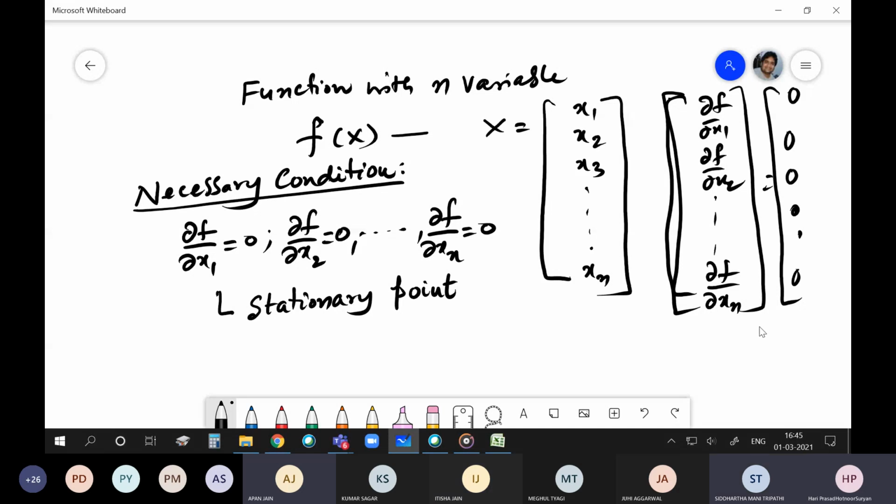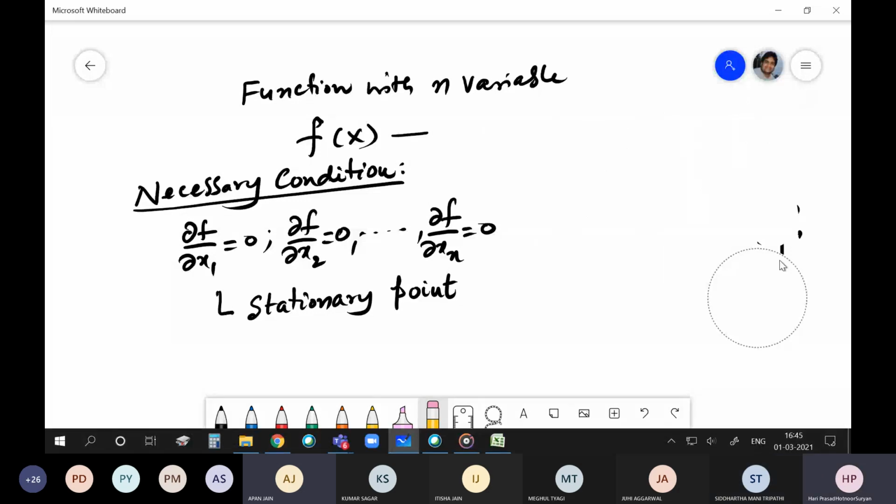There will be n squared second derivatives. What are all those things? Please tell me. The derivative of all the first derivatives with respect to each variable.